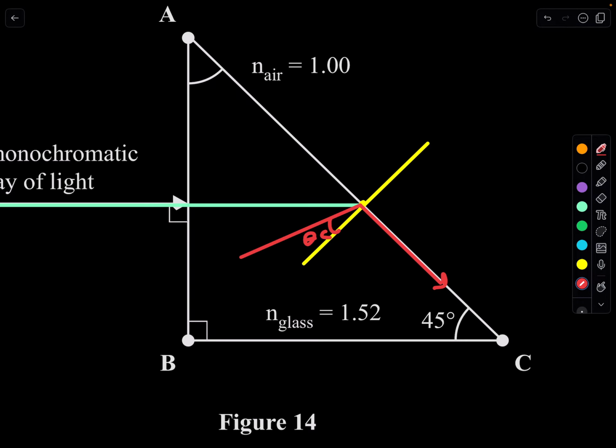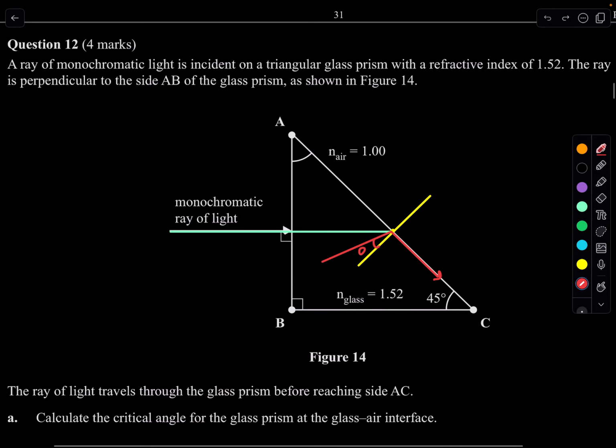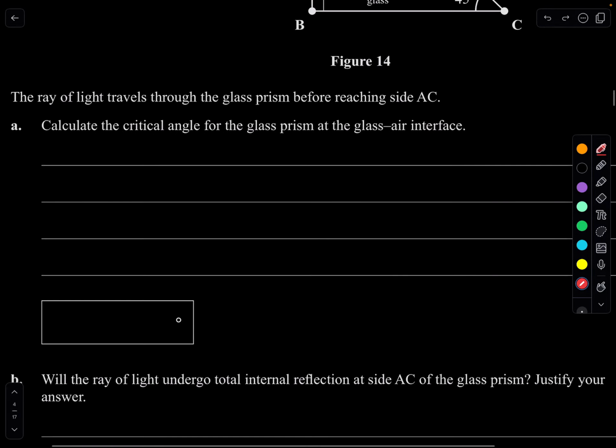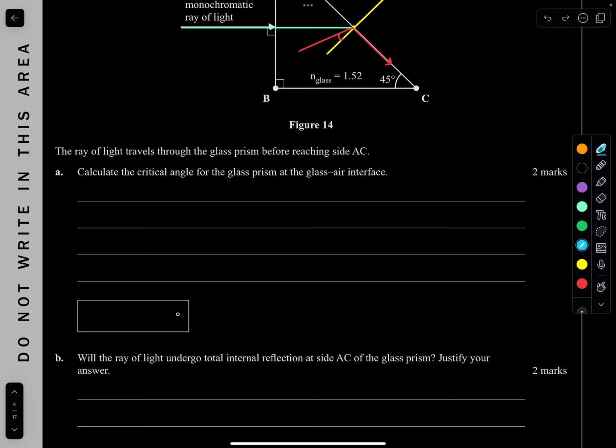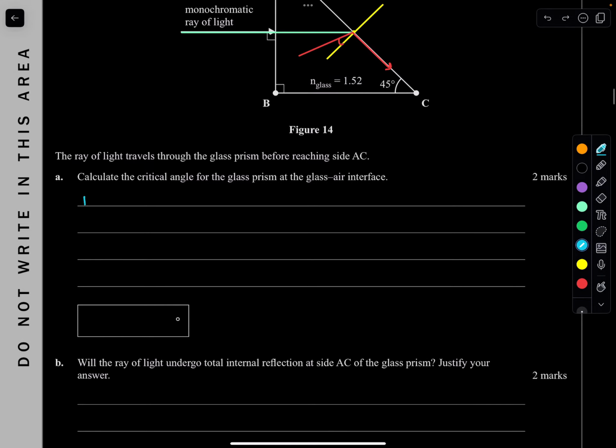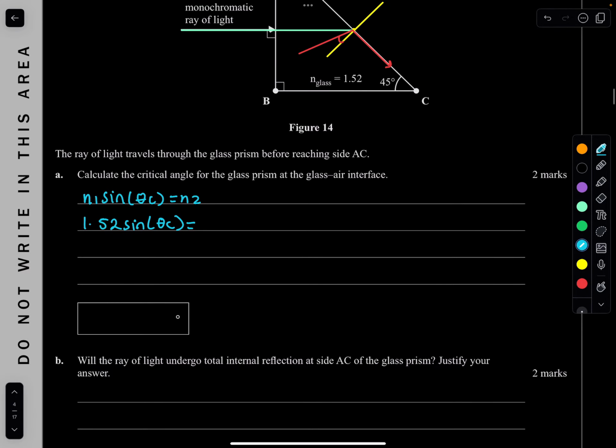Let's calculate our critical angle. The critical angle formula is n1 sine theta C equals n2. We're going from the refractive index of the glass prism, 1.52, sine theta C is what we're trying to calculate, and n2 is the air.